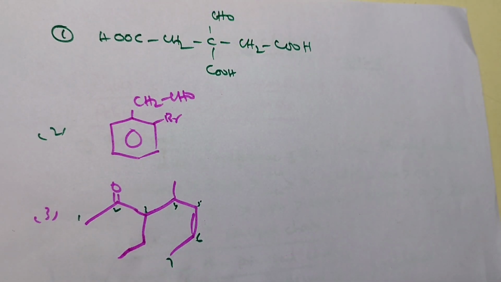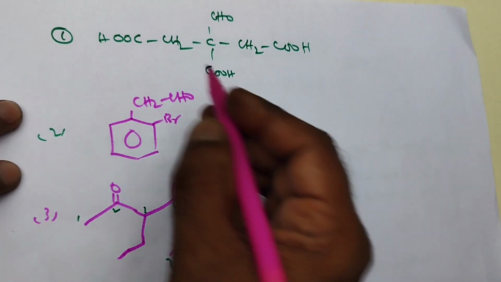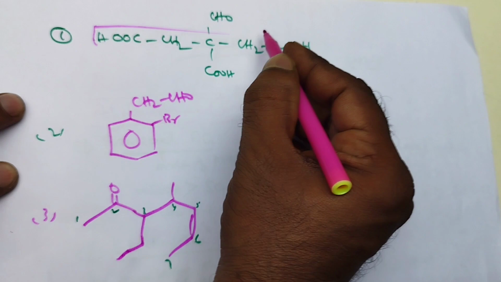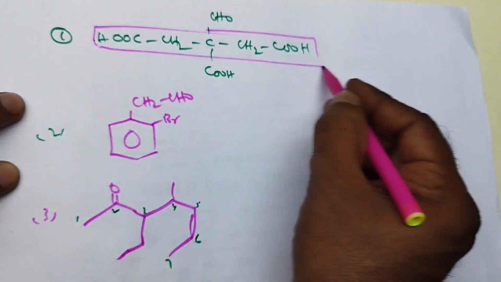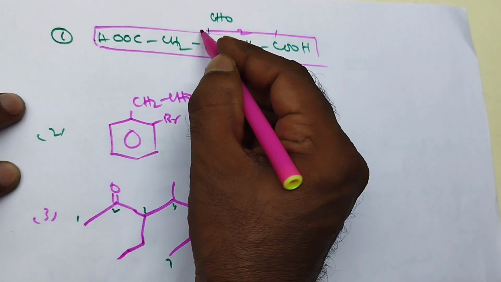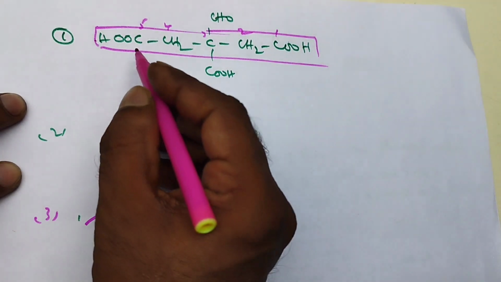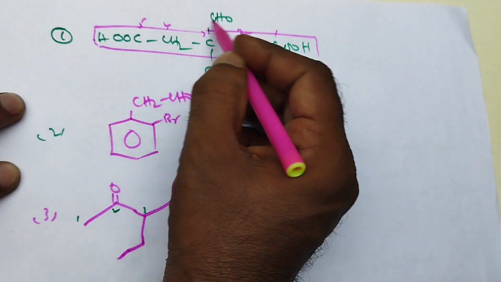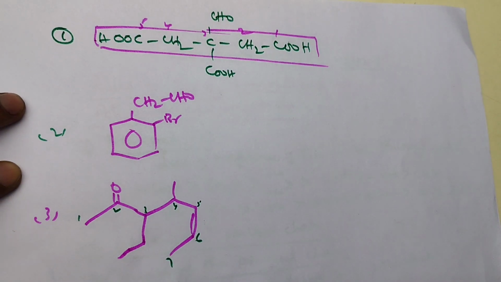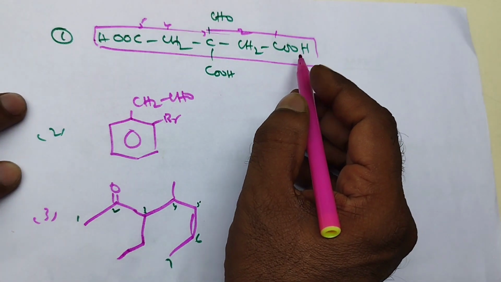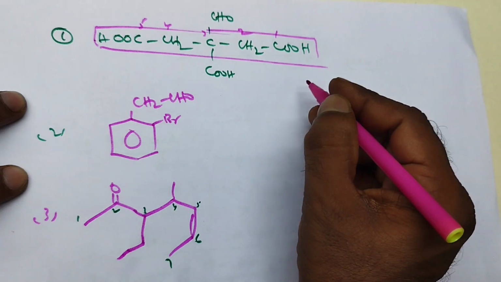We will solve a few more compounds. In this compound, the maximum number of carbon atoms is 1, 2, 3, 4, 5. There are two COOH groups and a CHO is also there. The principal functional group is the carboxylic acid, and the parent name is pent.